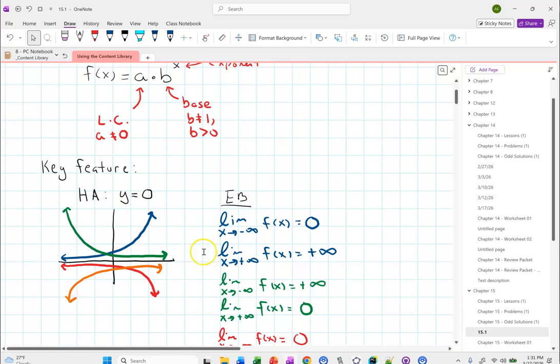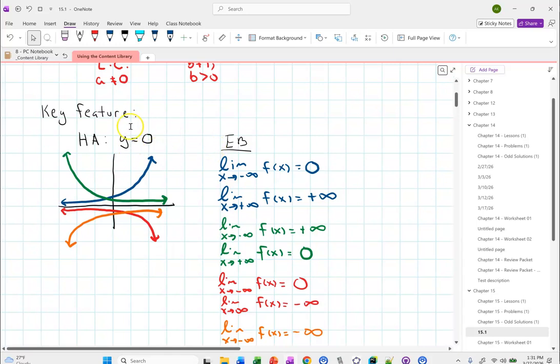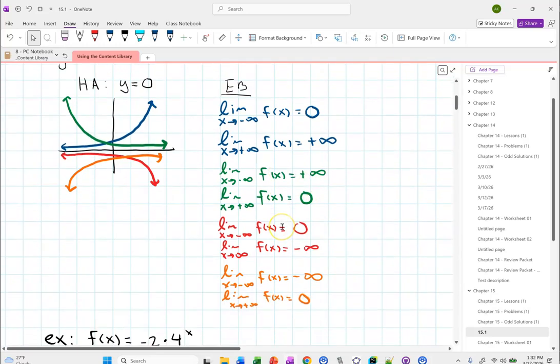All of them have the horizontal asymptote y equals 0, the x-axis. But if it's the blue one, the left end of the graph is following the horizontal asymptote going to 0, but the right end is bombing off to positive infinity. The green one, the right end is following the horizontal asymptote, but the left end is bombing off to positive infinity, and so on and so forth here.